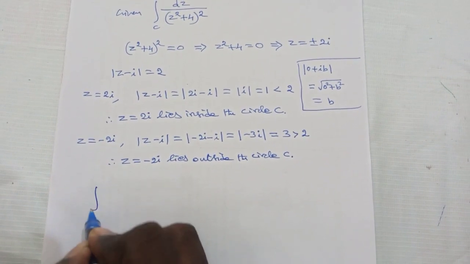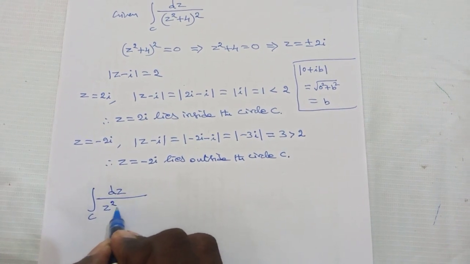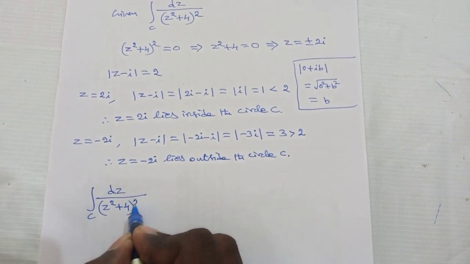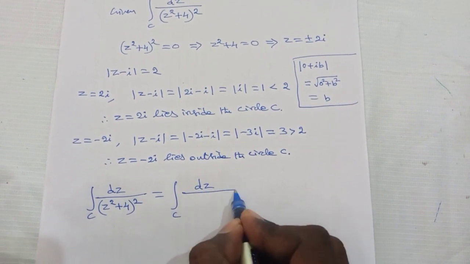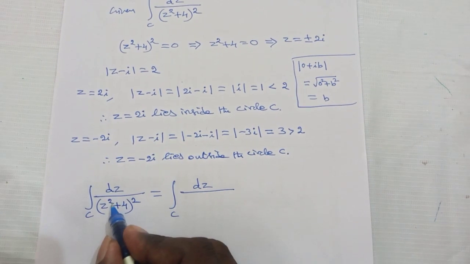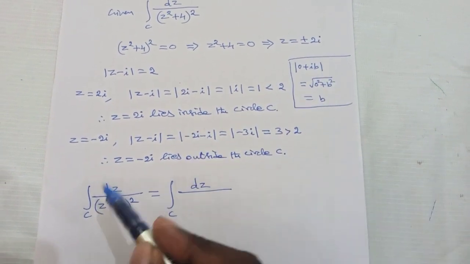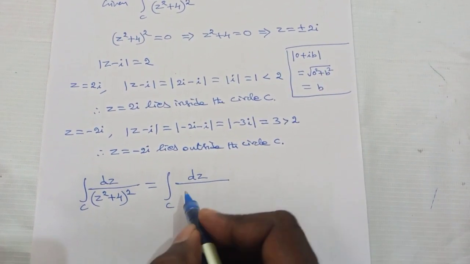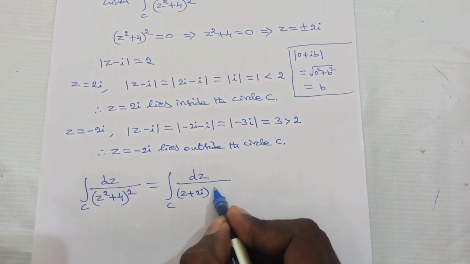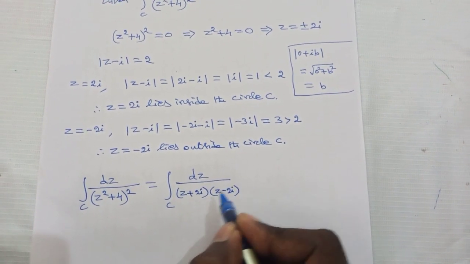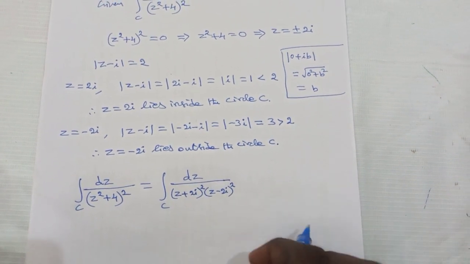Now I take the given integral: the integral over C of dz by (z square plus 4) the whole square. Since z square plus 4 has the roots plus or minus 2i, it can be written as (z plus 2i) into (z minus 2i), with power 2 on both.